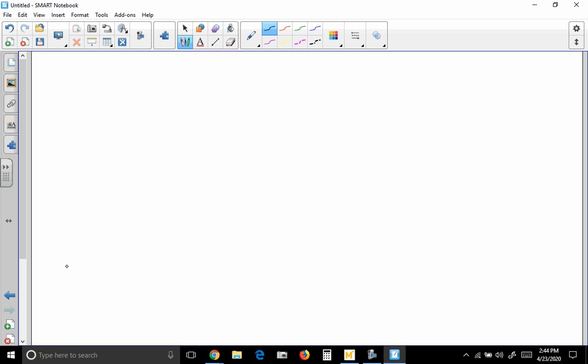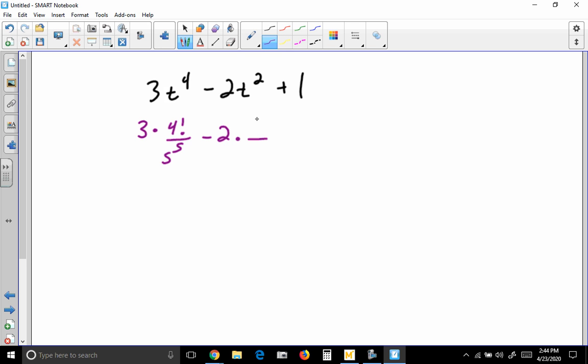Okay, now let's look at doing 3t to the 4th minus 2t squared plus 1. If we transform the first one, 3 times the transform of t to the 4th, so that's 4 factorial over s to the 1 greater power, minus 2 times t squared we just did, so that's 2 factorial over s to the 1 greater power, and the transform of 1 is just 1 over s.